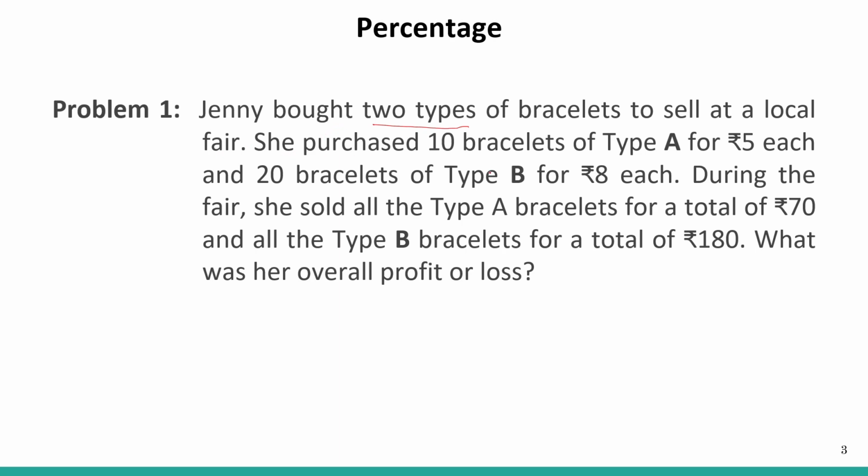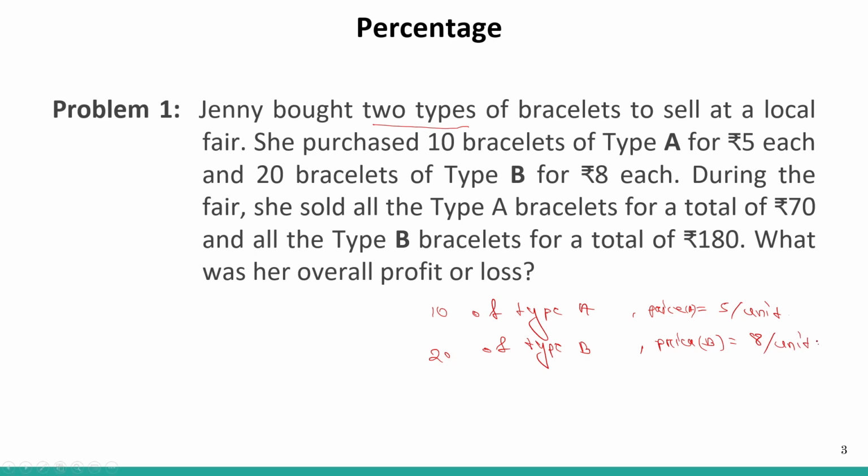She purchased 10 bracelets of type A for 5 rupees each, so the price of A is 5 per unit, and 20 bracelets of type B. The price of B is 8 per unit.